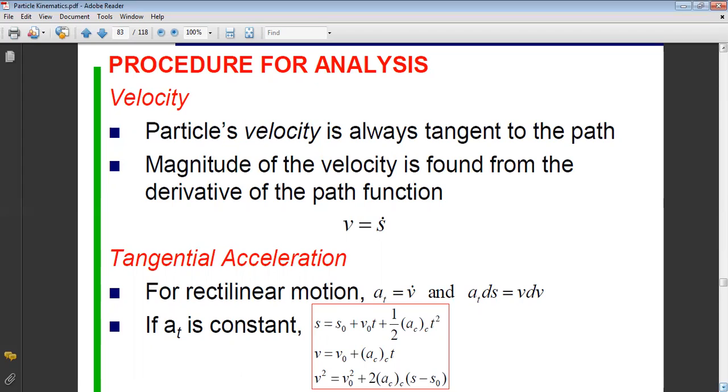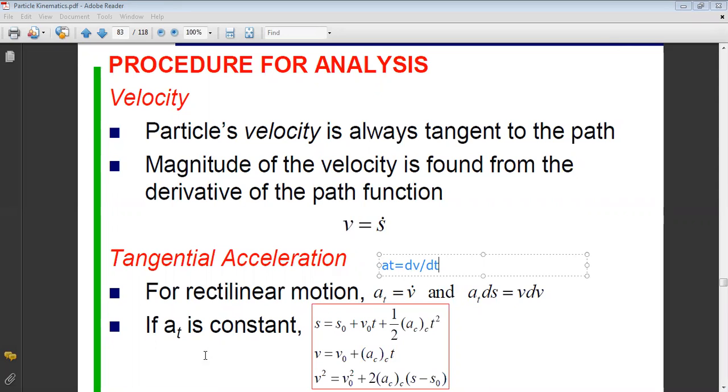Who will tell me? For at. Very good. Why for at? Because it's the change in velocity. Yes, very good. So at is dv by dt, and all relations we have developed before for constant acceleration were based on a equals dv by dt.